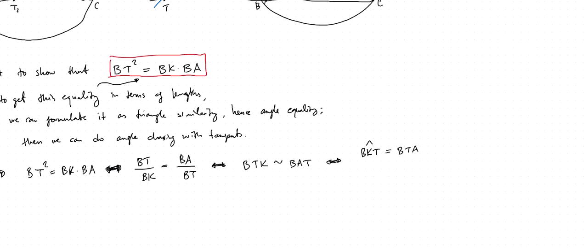I'm not even looking at the picture, you see, I'm just reading it from here. Or BTK equals BAT. It's if and only if both. We don't have to prove both, just one. So we just need to prove one of these, okay? Because TBK is already ABT.